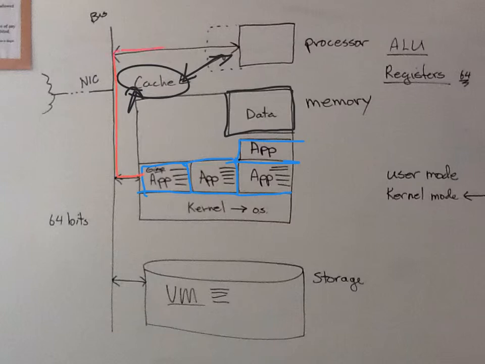Information has to go from here into the processor, stored in the registers. The processor can do arithmetic logic unit, do arithmetic, make logical decisions, and it's going to transfer items after it does the work back down here to memory from the processor.